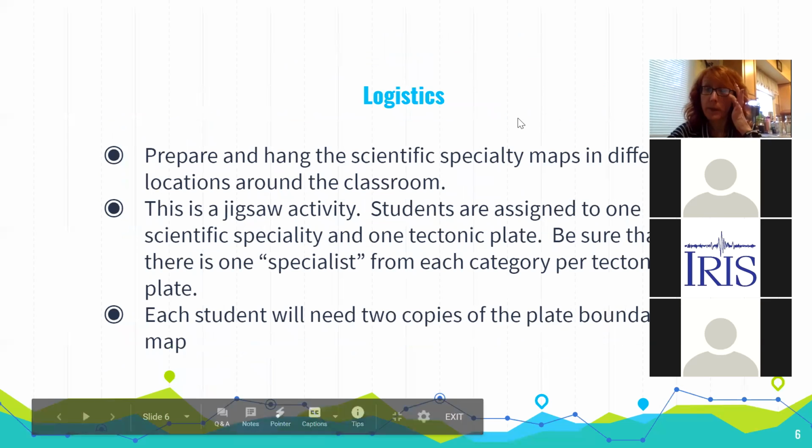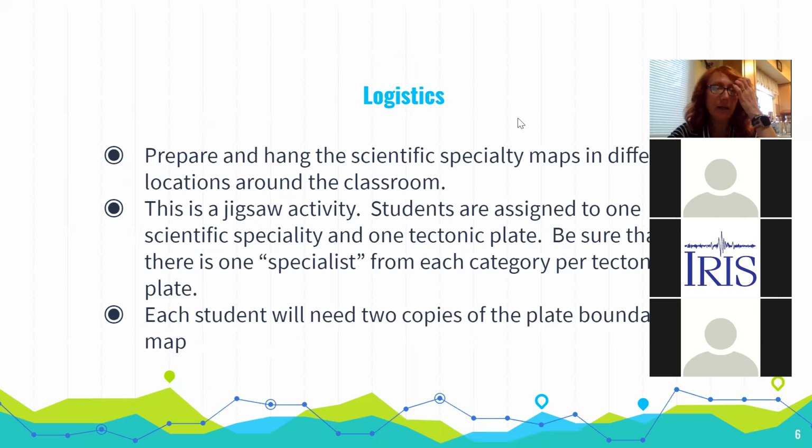I will go through all of the pieces of the activity, but the logistics to prepare: you do need to have the special scientific specialty maps, which I'll show you in a moment, that have the data in them. And if you can get large versions of them and spread them around the room, because you're going to have kids congregating around them in groups to look at the data.